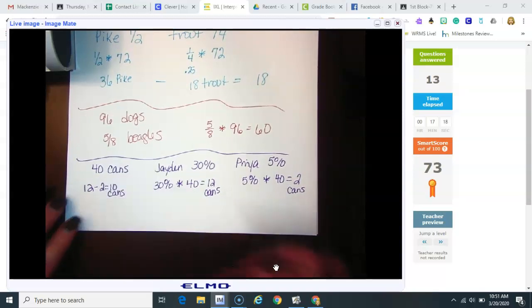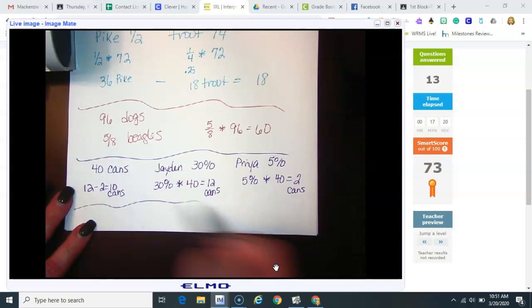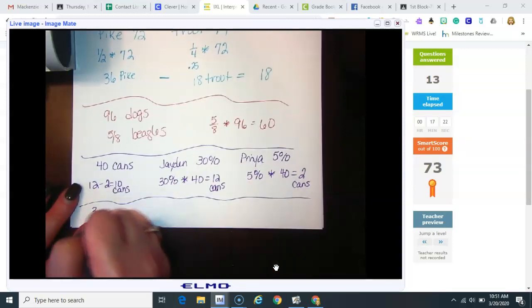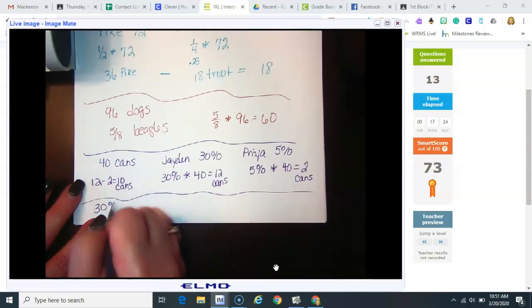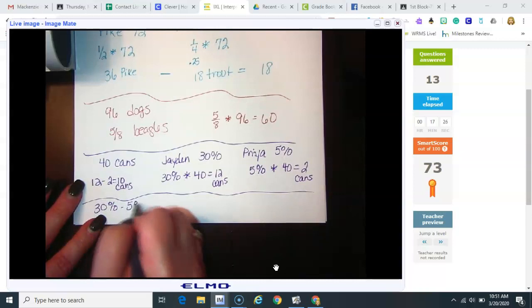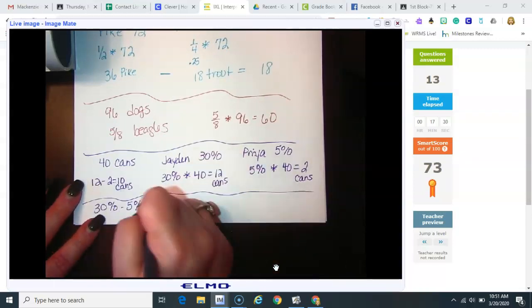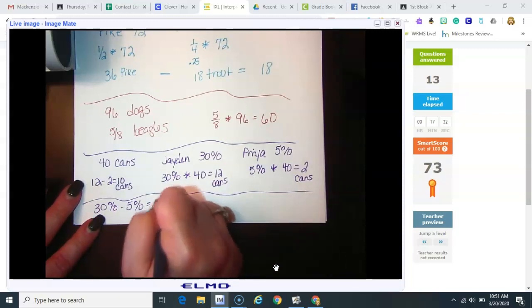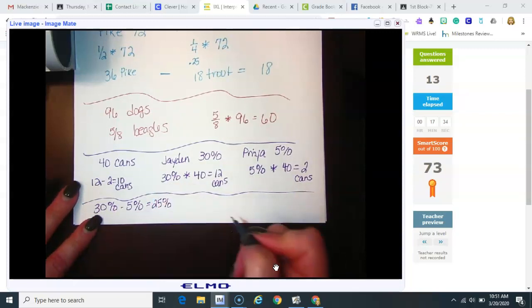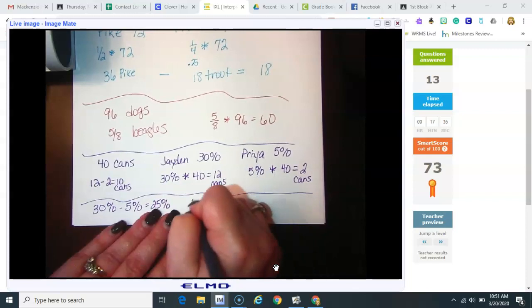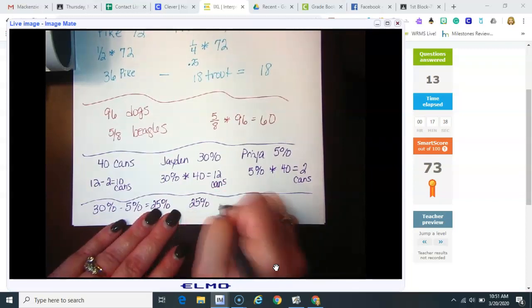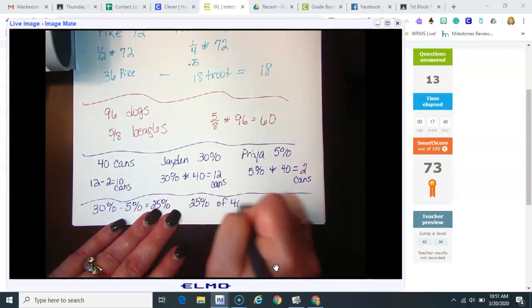There's another way you can tackle this problem. I could say, what is 30% minus 5%? So I could do the subtraction on the front end, and I would get the difference is Jaden was 25% more cans. And so then I could say, what is 25% of 40?